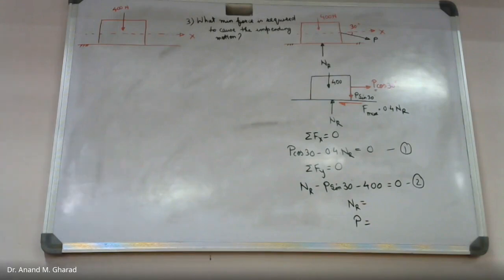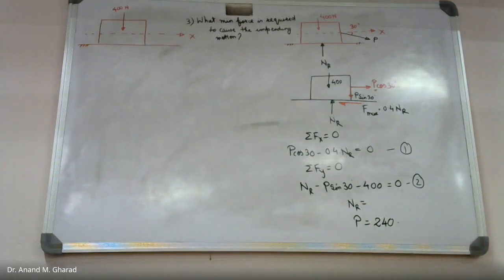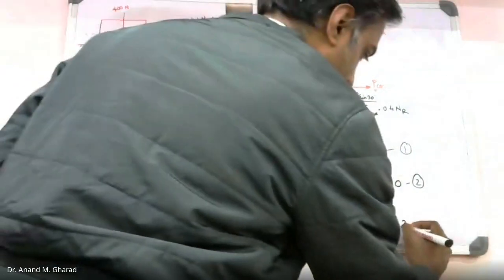Are you people there? I am getting the P value to be 240 point how much, 23. You please verify.